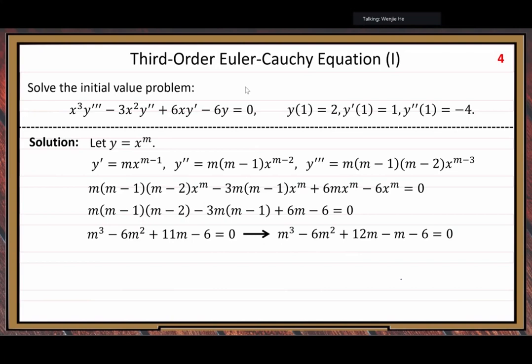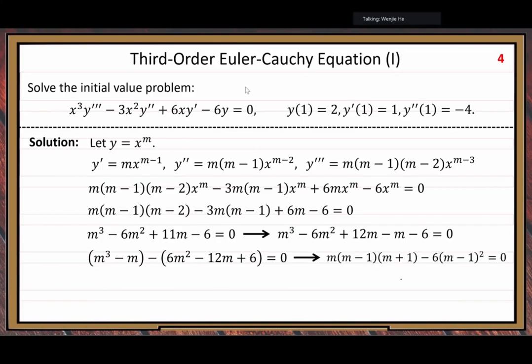Although here I do some manual manipulation, if you use a calculator, you get the result directly. When humans do this, we do some manipulation to factorize the left-hand side cubic polynomial.